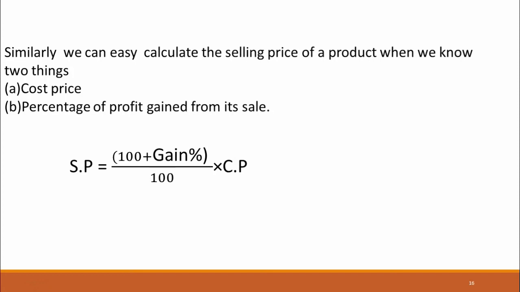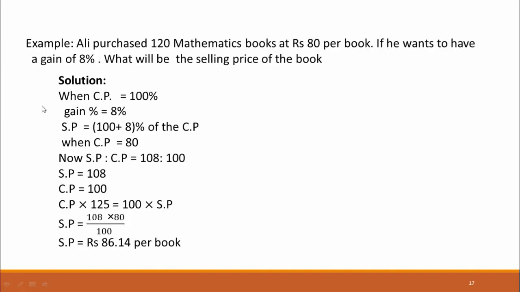So let's move to an example to discuss this formula. Ali purchased 120 mathematics books at 80 rupees per book. If he wants to have a gain of 8%, what will be the selling price of the book?